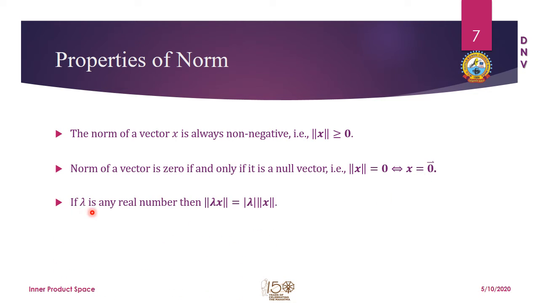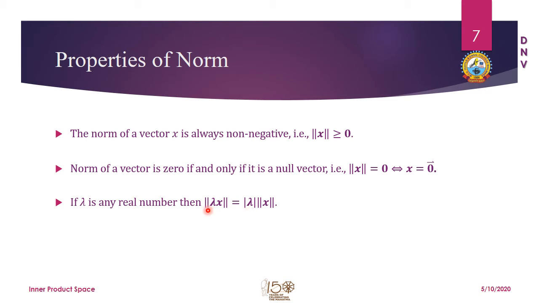And the third one is, if lambda is any real number, then the norm of lambda x is equal to the absolute value of lambda times the norm of x. We have taken this absolute value because lambda may be negative or positive. So in order to preserve the nature of the norm, that is positivity or positive definiteness of the norm, we have to consider the absolute value of lambda.